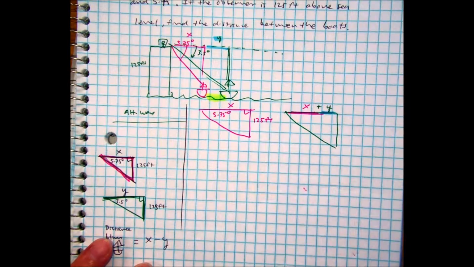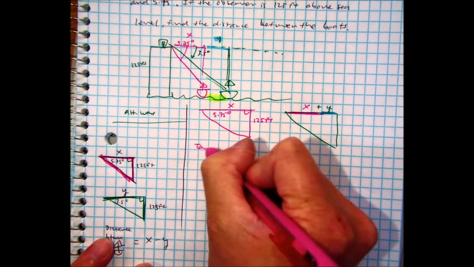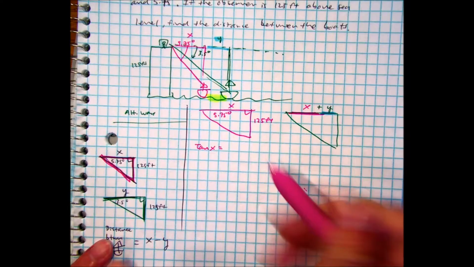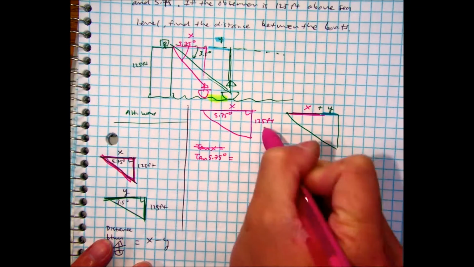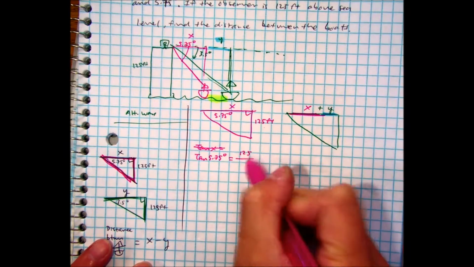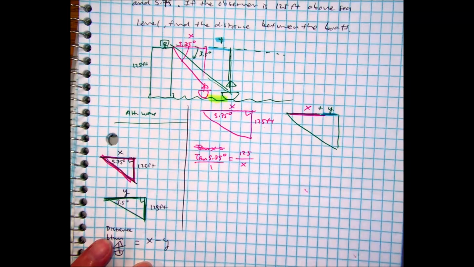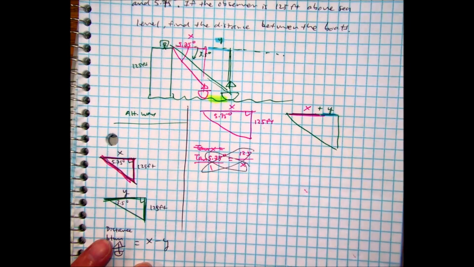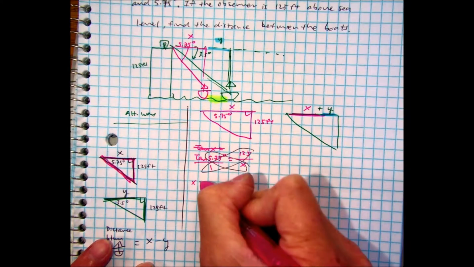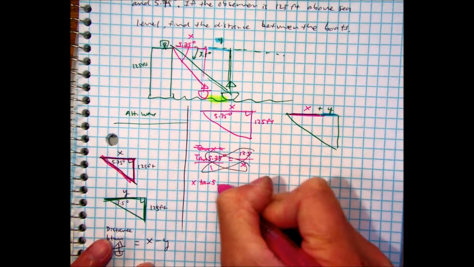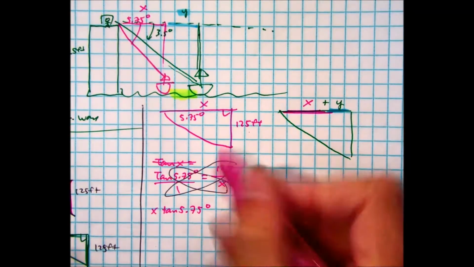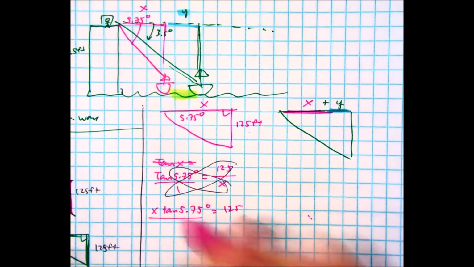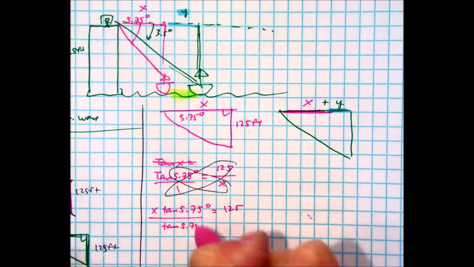So over here, in pink, I'm just solving for X. I have tangent of 5.75 degrees equals our opposite over our adjacent. Put it over 1. Cross multiply. I get x tan 5.75 degrees equals 125. Divide both sides by tan 5.75.